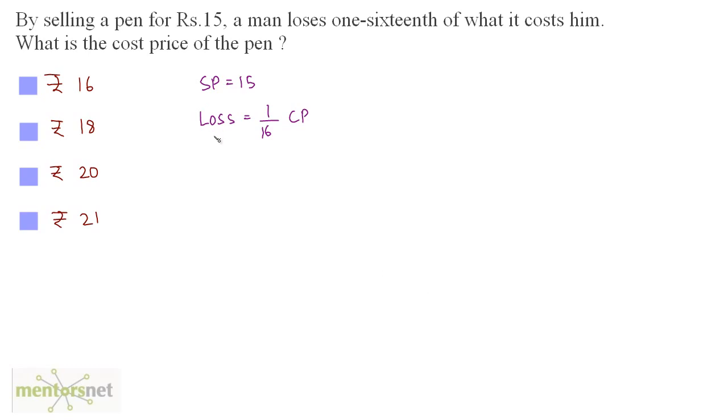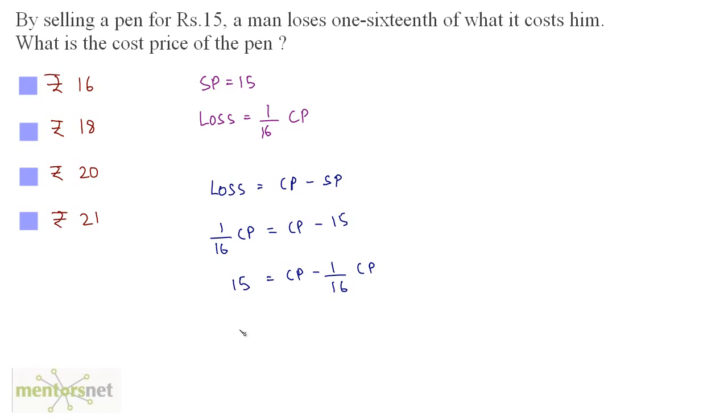Now we know the formula for loss, and we have the selling price and loss. So we can calculate the cost price. So loss is equal to the cost price minus the selling price. So therefore the loss, 1/16 of cost price, is equal to the cost price minus the selling price, 15. So I have 15 on the left is equal to cost price minus 1/16 of the cost price.